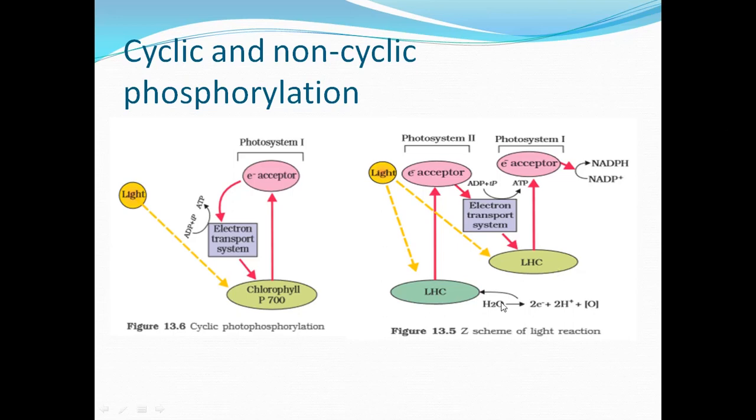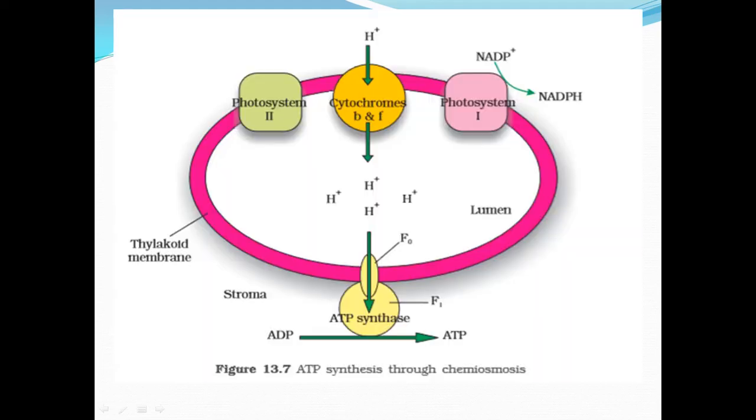Now they are asked... Yes, so actually that statement is correct, because here you can see when the water is split, these electrons are accepted by light harvesting complex of photosystem 2. Then the electrons from light harvesting complex of photosystem 2 are accepted by electron acceptor, and when this electron acceptor releases the electrons, it passes through the electron transport chain, then ATP is produced. So this statement is correct.